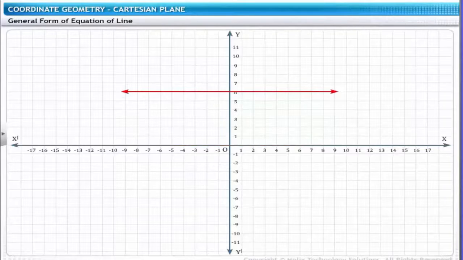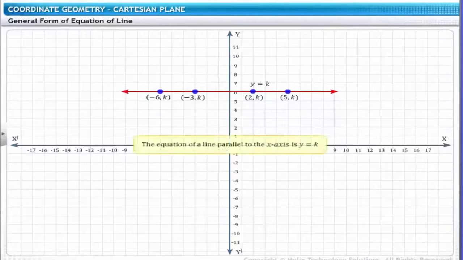For this line, the distance of the players from the X-axis is constant, that is, y equals k. This means that the coordinates of the players will be (-6, k), (-3, k), (2, k), and (5, k). Therefore, the equation of a line parallel to the X-axis is y equals k.